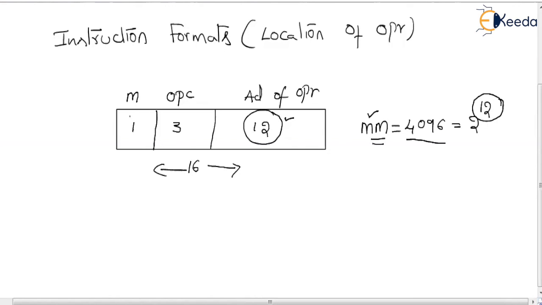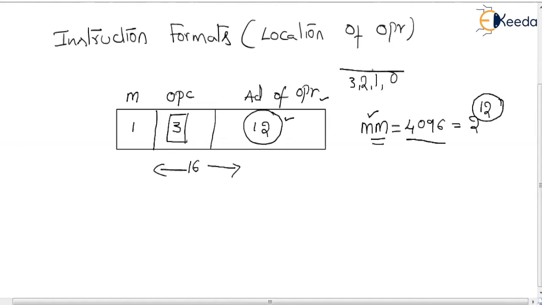As we already discussed the mode, now let us talk about the opcode. In the previous video on instruction formats with respect to the location of the operand, we have seen how many operands can be available. Either it could be 3 or 2 or 1 or 0.